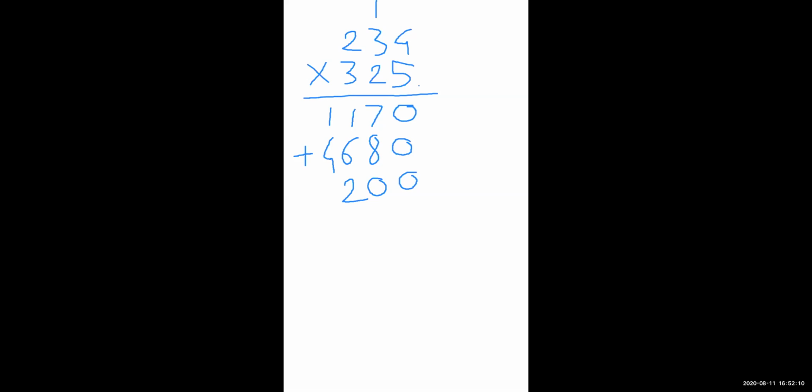Then 3 3s are 9. 9 plus 1, 10. 10's 0. Yes, 1 goes to carry. Okay. Then 3 2s are 6. 6 plus 1, that is 7. Yes. Now we have got all the subproducts. Yes, when we multiply by the ones place or units place digit, we have got 1170.